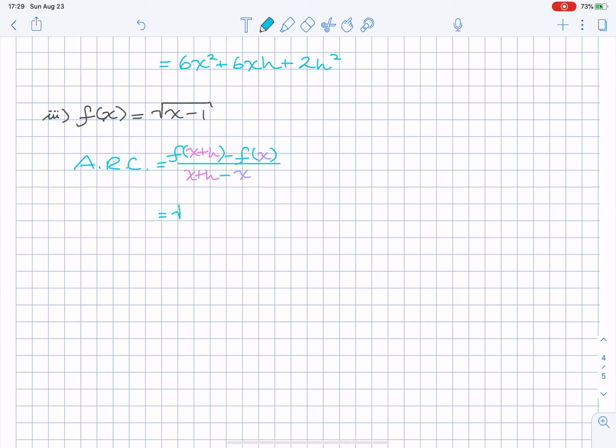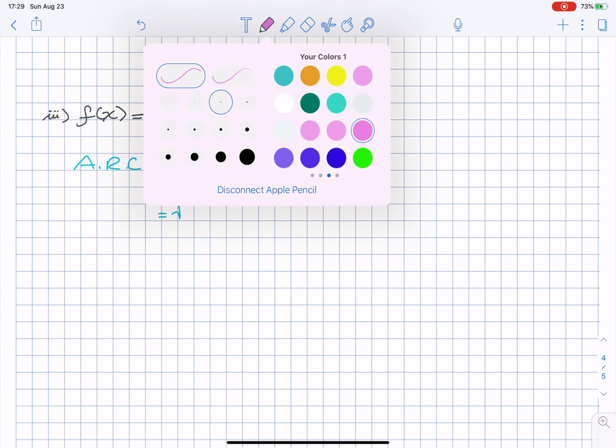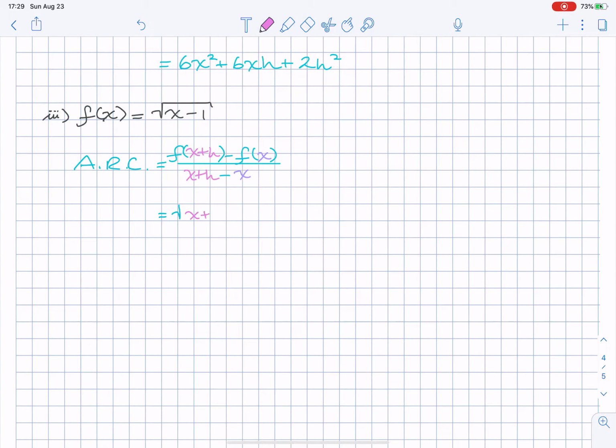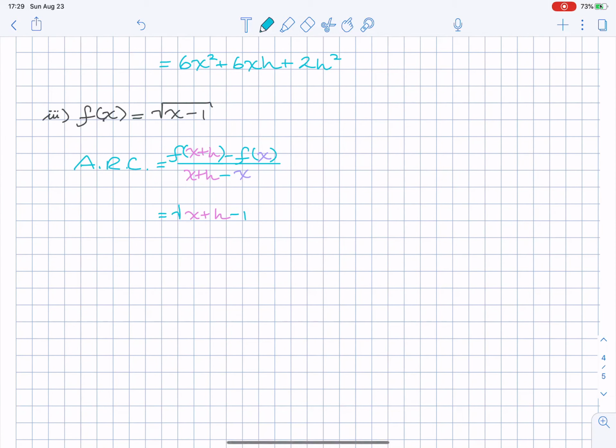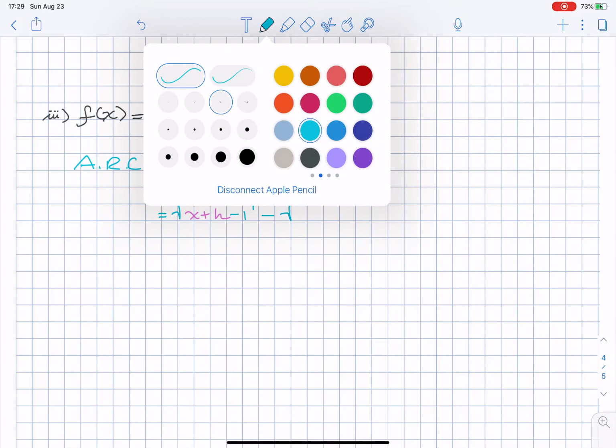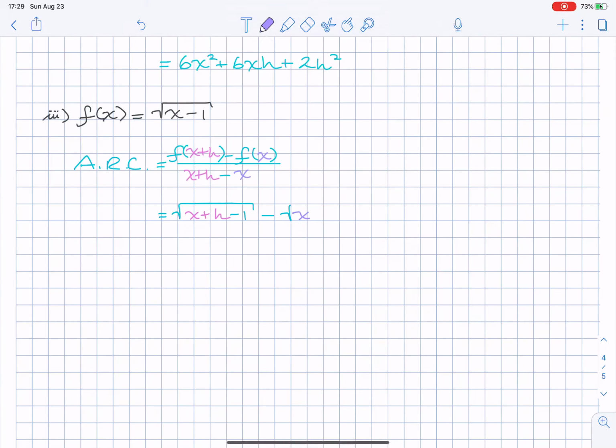So this gives us the square root of x plus h minus 1 for the first guy, minus the square root of just x minus 1, all divided by, well, notice that x minus x goes away, so I'm just dividing this by h.